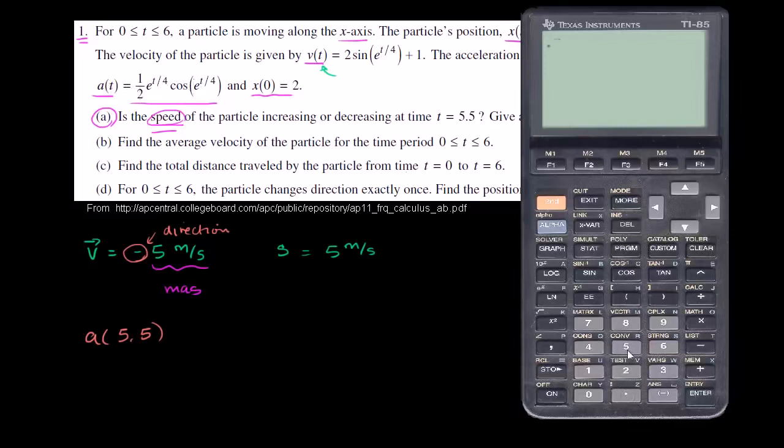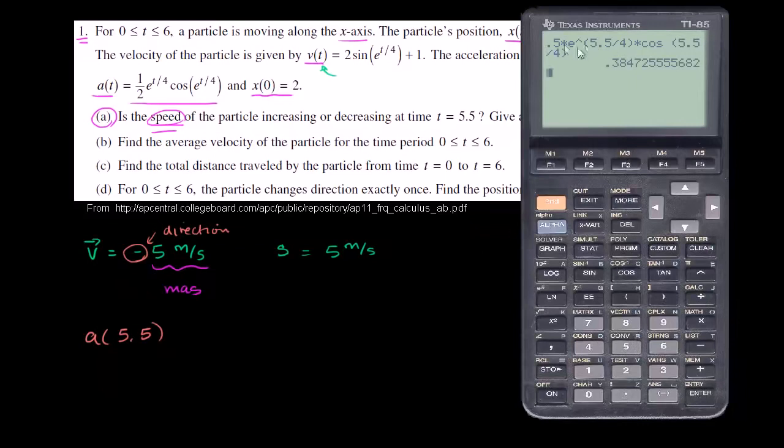So 1/2, I'll just write 0.5 times e to the t over 4. Well, t is 5.5. 5.5 divided by 4. And then times cosine of 5.5 divided by 4 gives us 0.38.